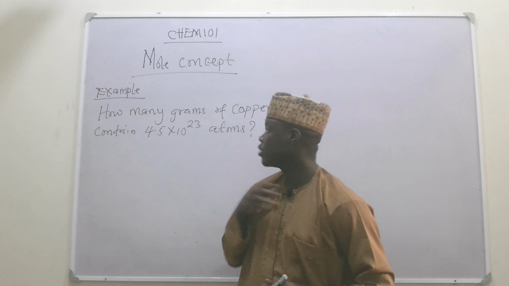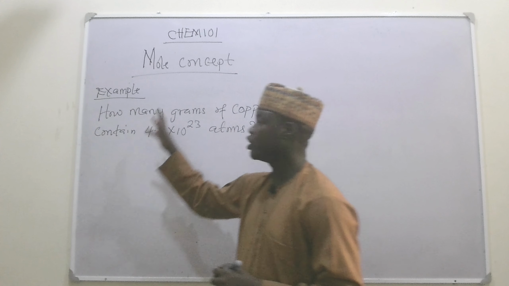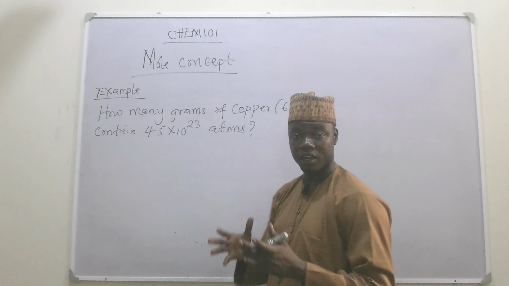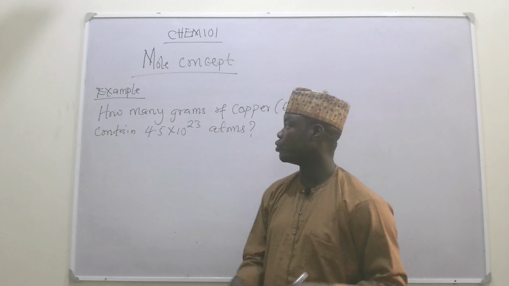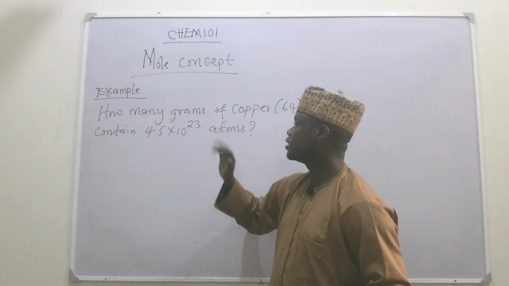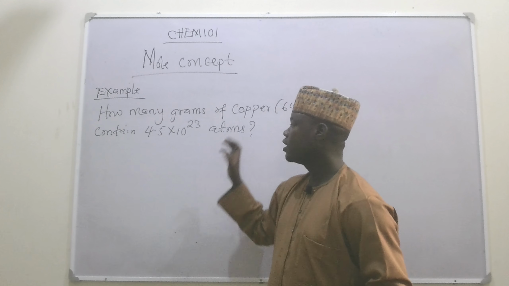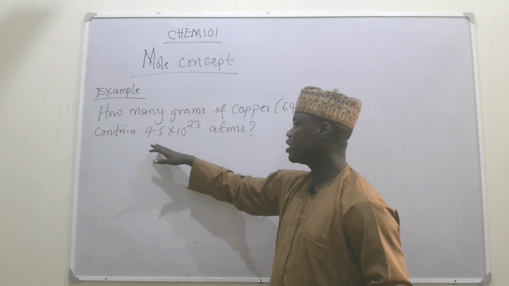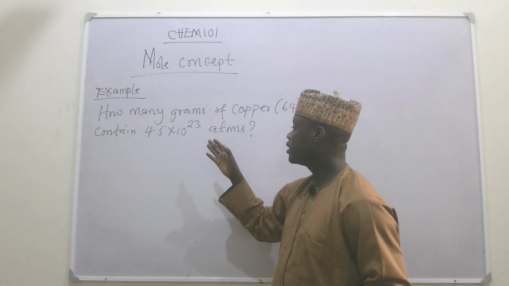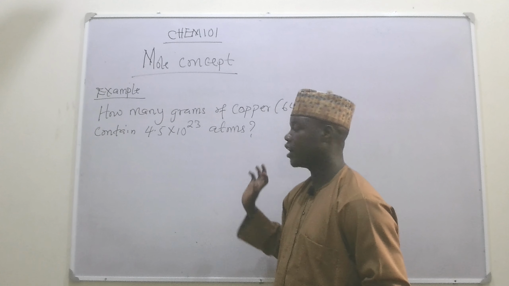In this video, let's look at some examples in relation to what we discussed in the previous video. The question says, how many grams of copper (64 gram) contain 4.5 times 10 to the power 23 atoms?